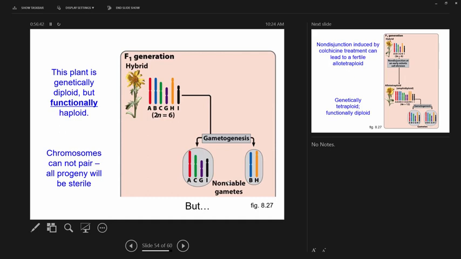So what ends up happening is that you get an organism that is haploid for horse and haploid for donkey, right? So it's only got 1 of each chromosome. It's genetically diploid but functionally haploid.